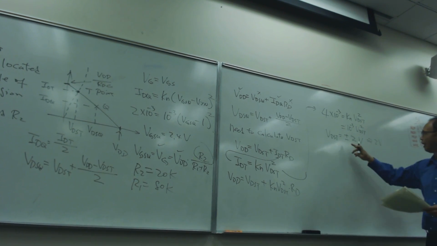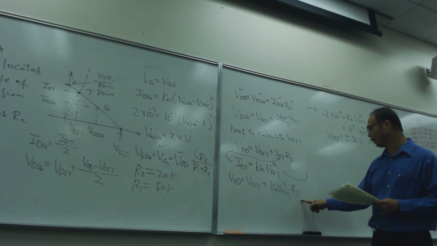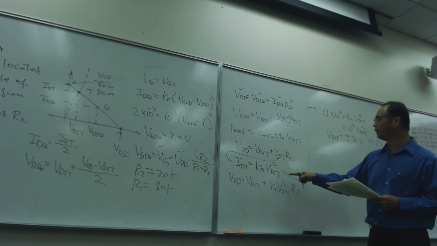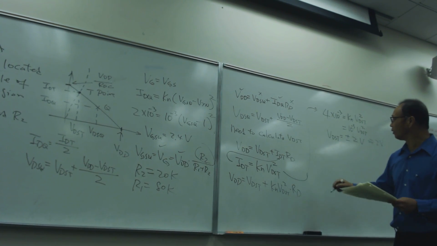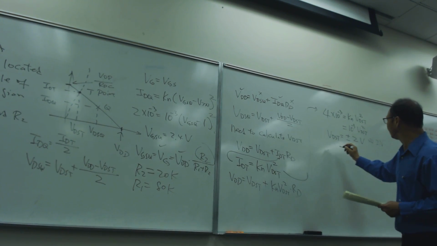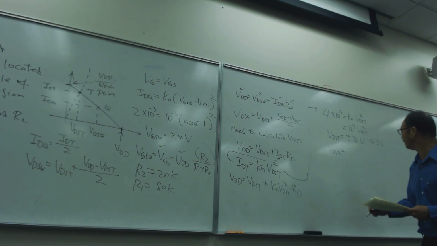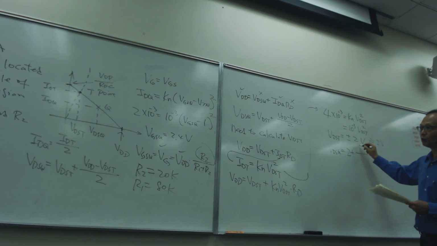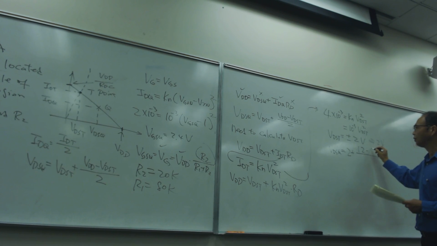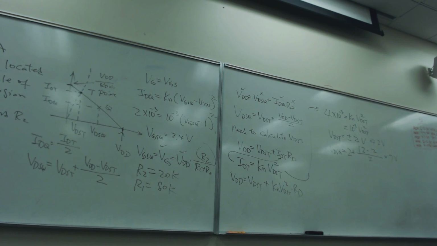All right. So now this is known. So I don't think I need this equation. Do I? No, I need that later, I think. Anyway. So now I go back to this equation. So VDSQ from this equation is equal to 2 plus 12 minus 2 over 2. So VDSQ must be equal to 7 volts.